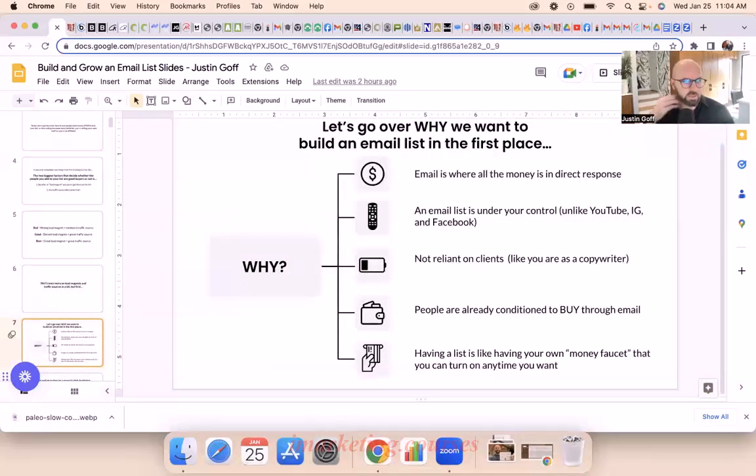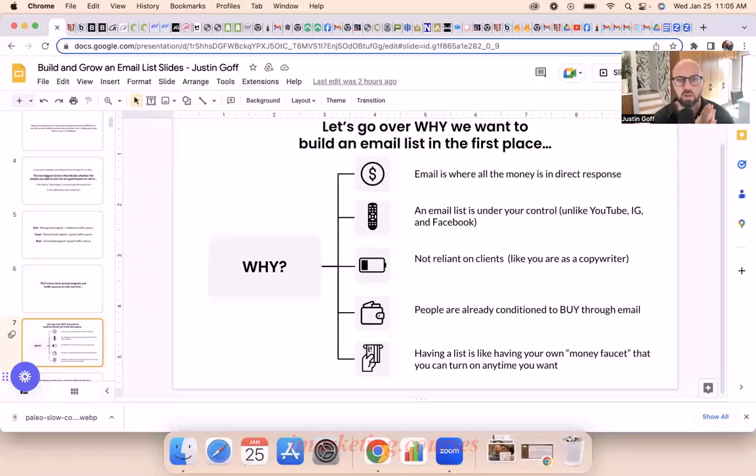We're going to cover more on lead magnets and traffic sources in a bit. But first, let's quickly establish why we want to have an email list in the first place. Email is where all the money is in direct response. I've worked with hundreds of direct response businesses and run a bunch of my own in many different niches. The profit is all made on the back end through an email list.